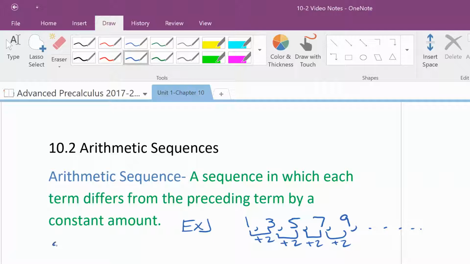Or you could look at it as 5, 2, -1, -4, and so on. Look at it here, you're subtracting 3 to go from one term to the next.